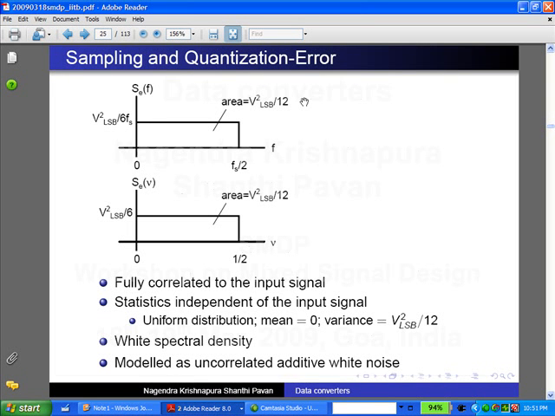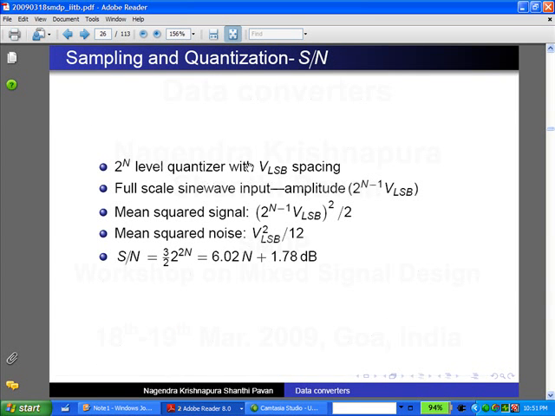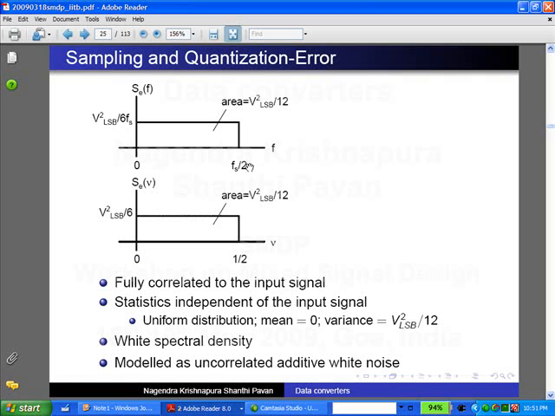The frequency content is harder to determine, but it's a somewhat reasonable assumption to assume it to be a constant. Is it okay? Now, one key thing to remember is that the variance is VLSB square by 12. Our RMS value is VLSB by square root of 12.